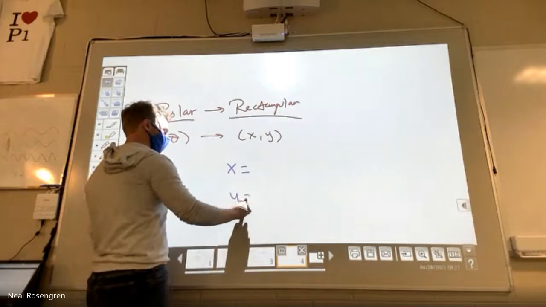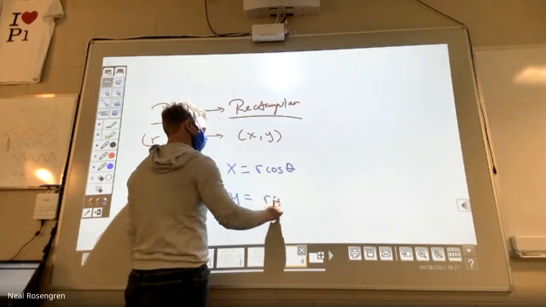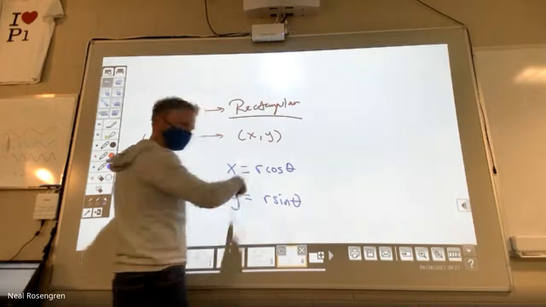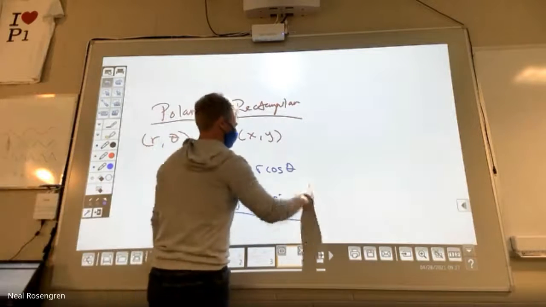It's really easy. x is r cosine theta, y is r sine theta. X is cosine, y is sine, so that makes sense. We just have to multiply by r to figure out what circle we're on, because we're not necessarily on the unit circle. Done.